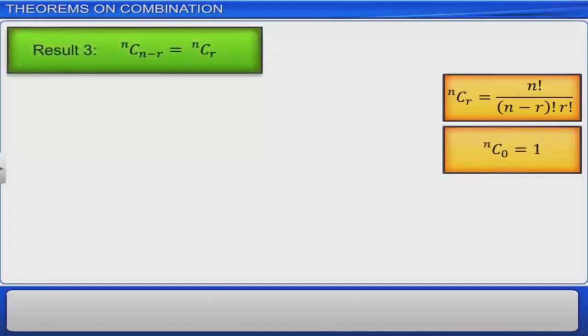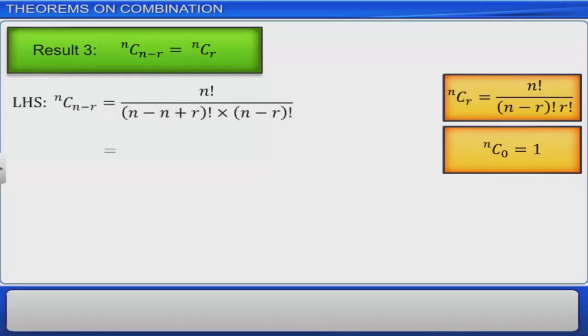Another result that we can verify using the formula is nC(n minus r) is equal to nCr. Let's verify the result by using the formula on the left-hand side. We can see that this is nCr indeed.